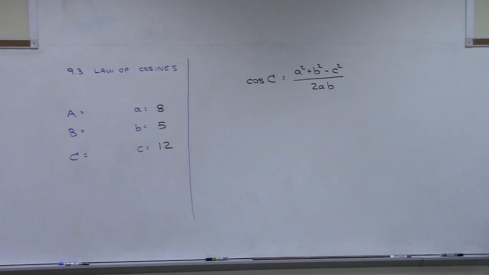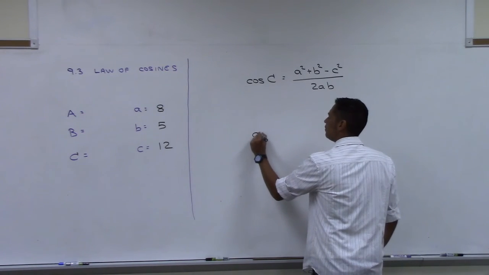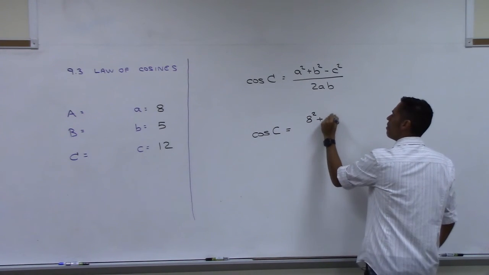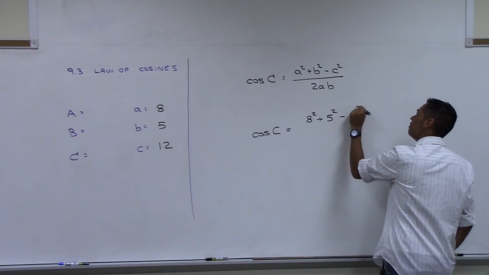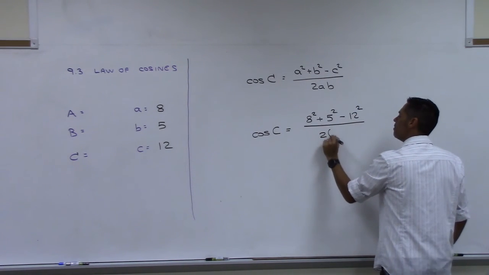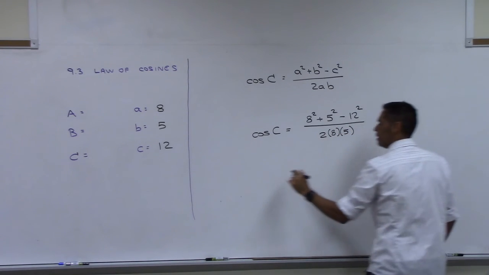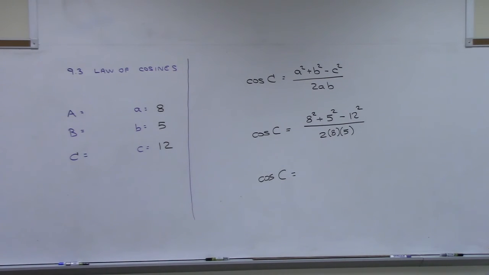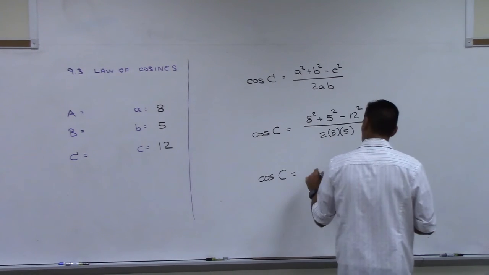So I'm going to use this though, and so I have cosine of c equals a squared plus b squared minus c squared all over 2 times a times b, and this is what cosine of c is. So I get like negative 0.6875.